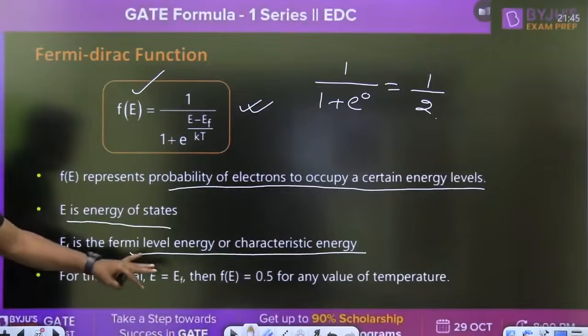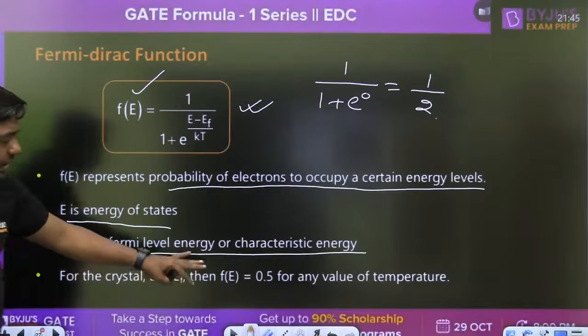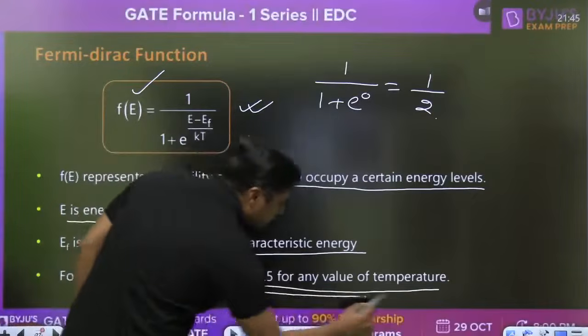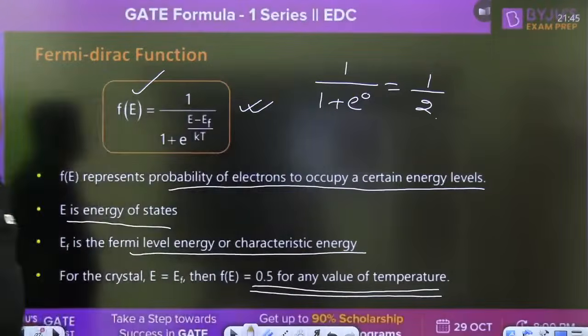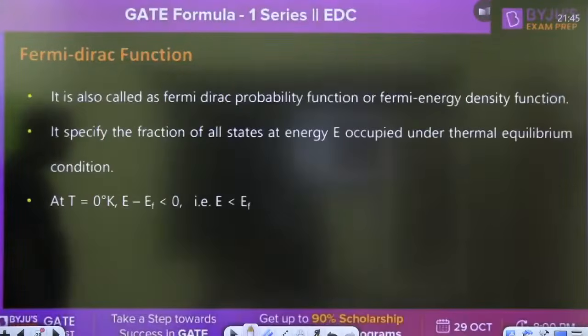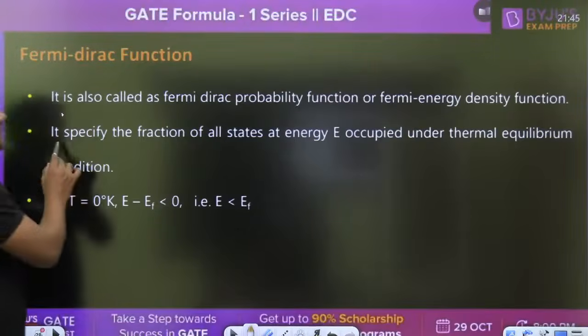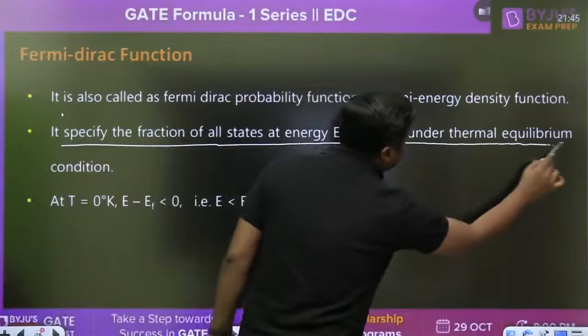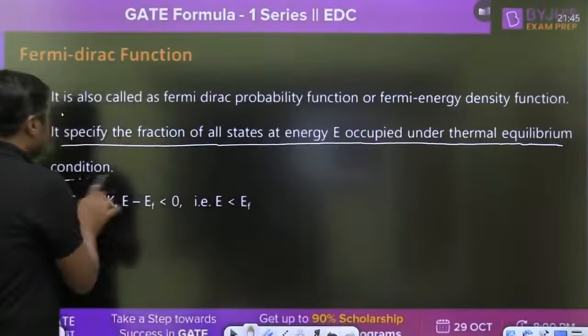For the crystal, if E is equal to EF, then Fe is 0.5 for any value of temperature. It is also called the Fermi-Dirac probability function or Fermi energy density function. It specifies the fraction of all states at energy E occupied under thermal equilibrium condition.